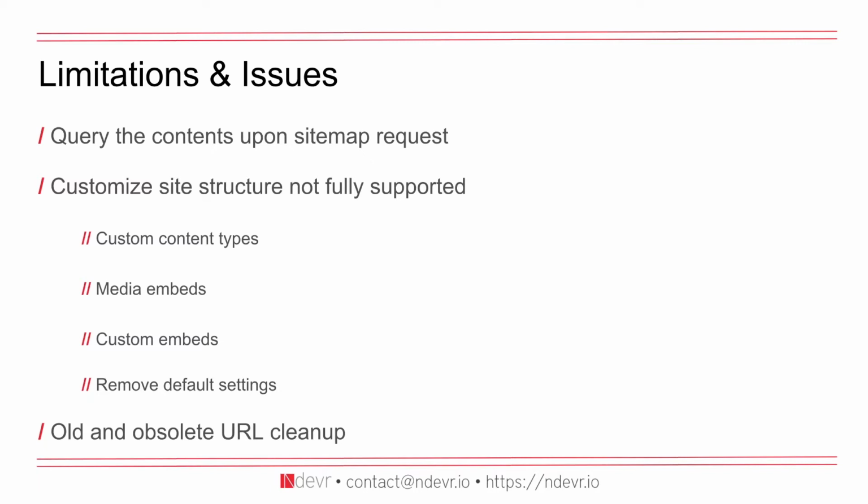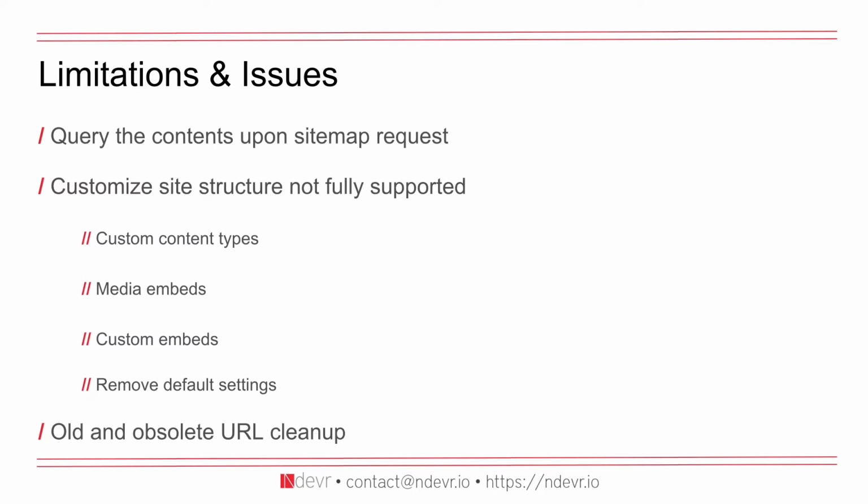We have a lot of custom fields and a lot of custom taxonomies, and we don't necessarily use the default content types or taxonomies. A lot of these plugins assume that we're using pages and posts, but we're not really using them much. So we also needed a way to remove those.